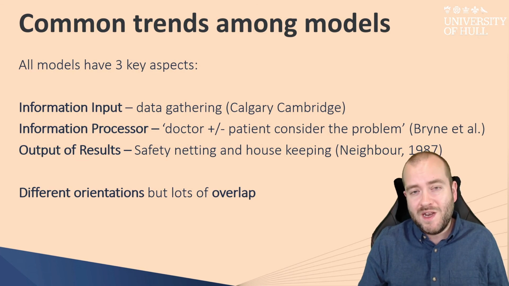A lot of them can be likened to each other, and essentially what we see as the models grow over time, coming up to the Calgary-Cambridge model, we see them getting more and more complex, taking into account more and more communication needs, both verbal and non-verbal. And this is what's happened over time, is that they've become less orientated towards the doctor or the practitioner and more orientated towards the patient's needs.